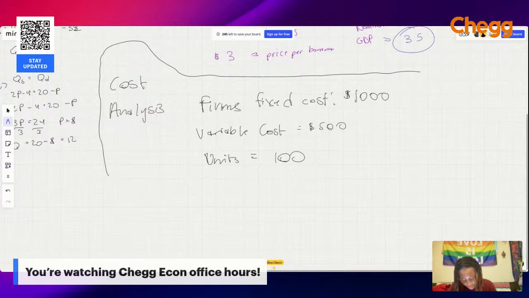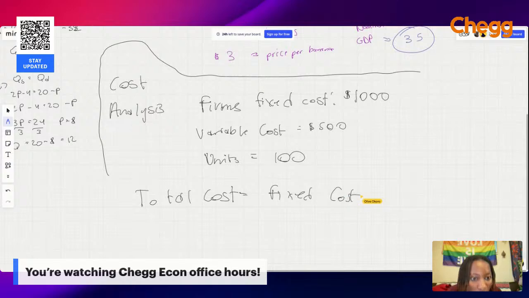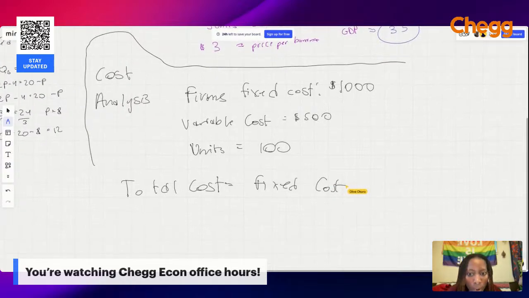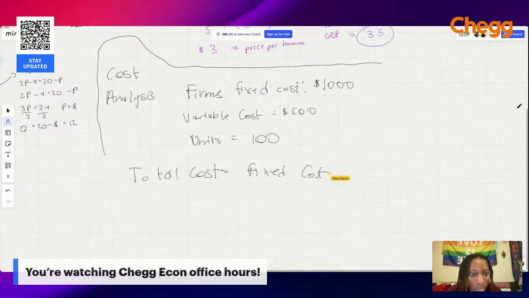So it's going to be total cost equals fixed cost plus variable cost.